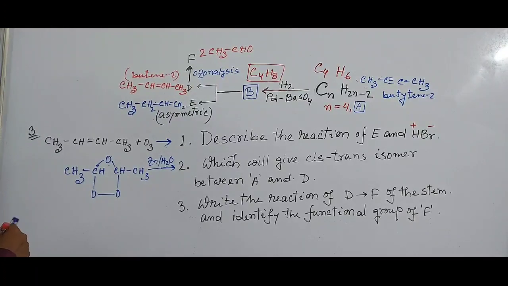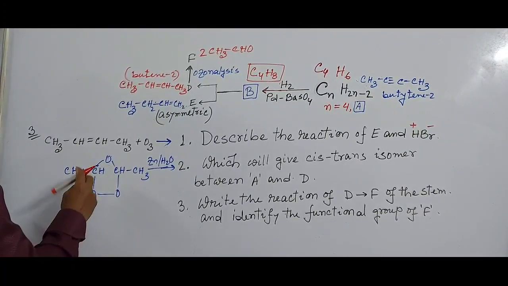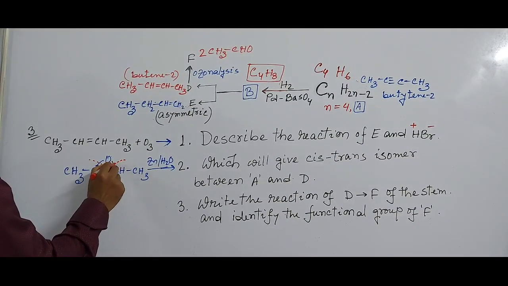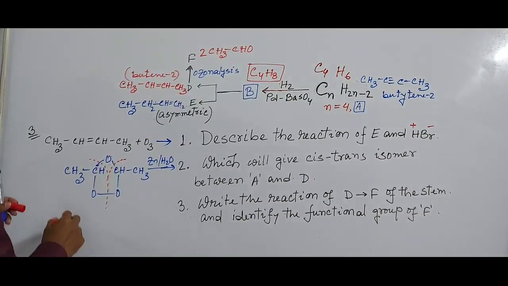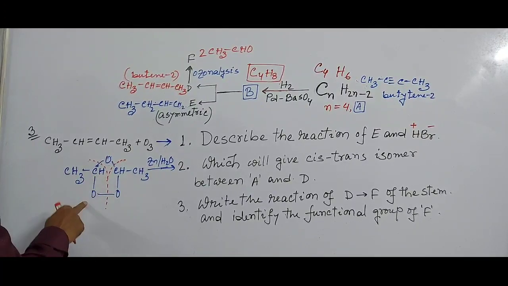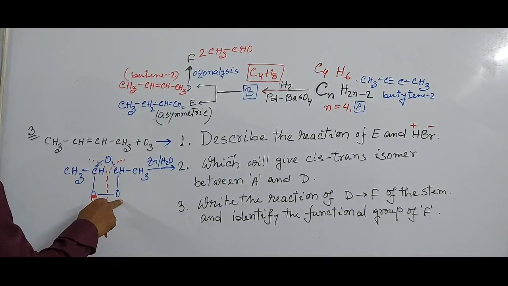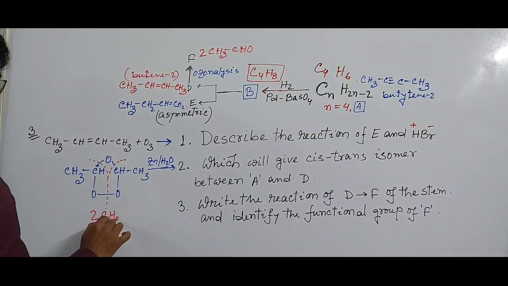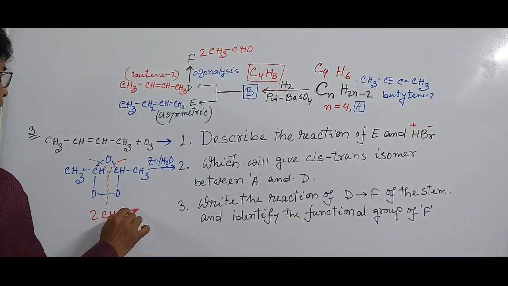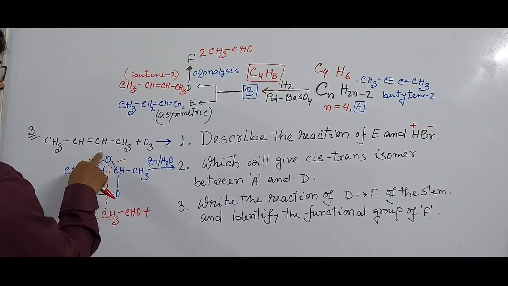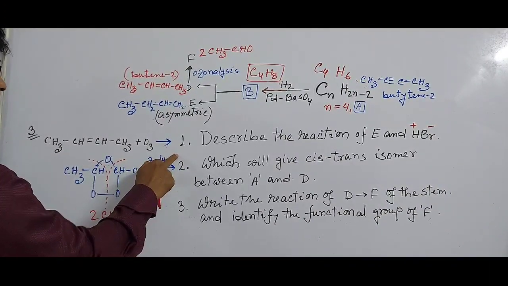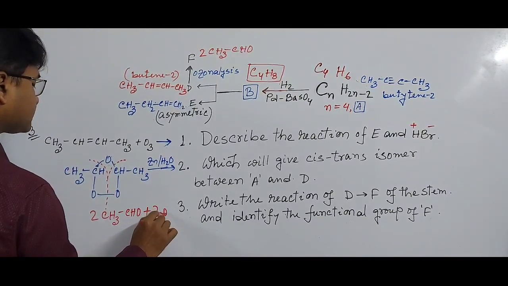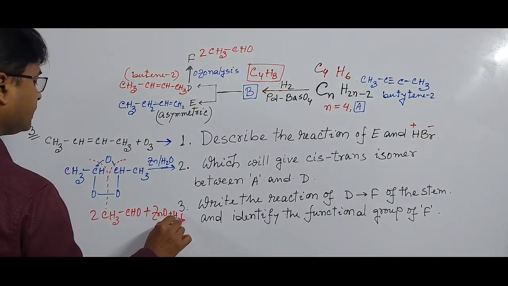In the presence of zinc, this type of breaking takes place here. Then CH3CHO will be produced, 2 CH3CHO, plus oxygen and water, hydrogen peroxide. Hydrogen peroxide reacts with zinc to produce zinc oxide plus water.